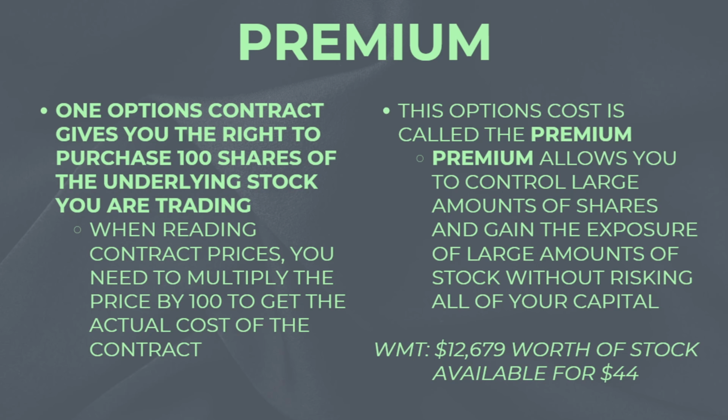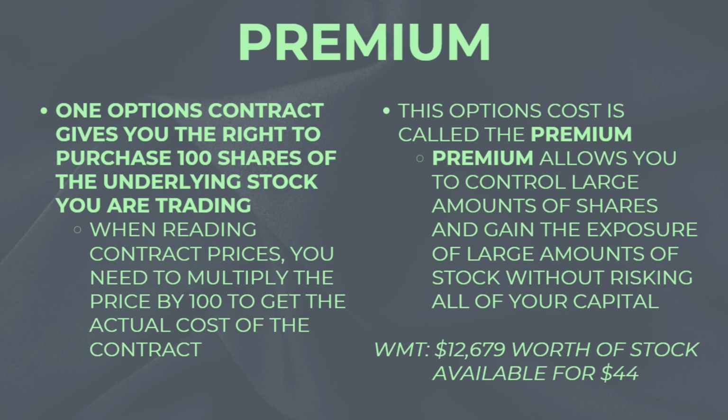Like I said, the options cost is called the premium. The premium allows you to control large amounts of shares and gain exposure to large amounts of stock without risking all of that capital. So going back to Bao's Walmart puts, he was basically giving himself the option to buy $12,679 worth of Walmart stock for a $44 premium.